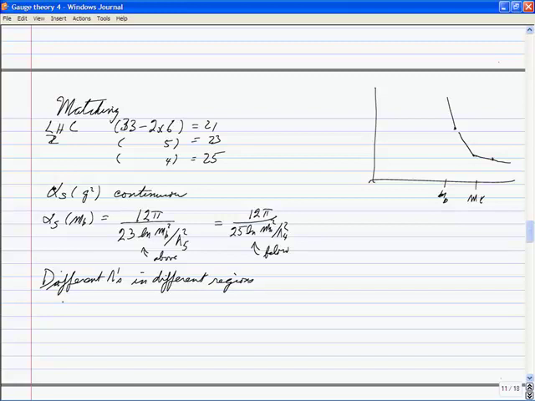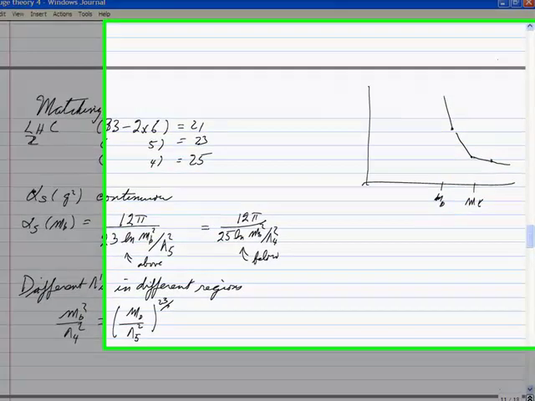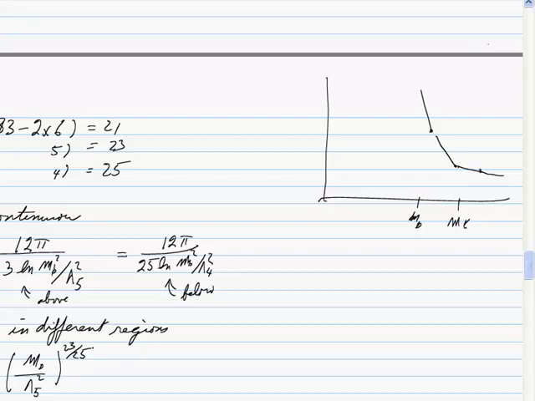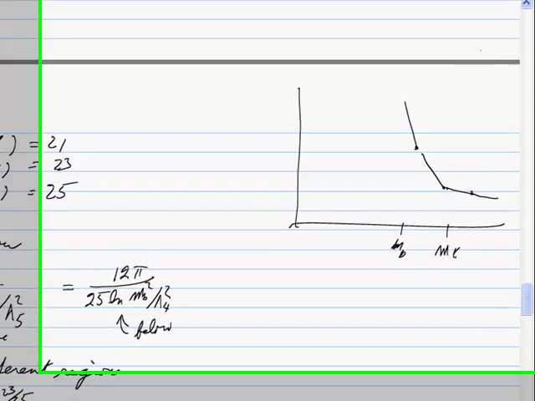So if you end up working it out, MB squared over lambda 4 squared is MB over lambda 5 squared to the 23 over 25. Okay, that ends up giving you continuity.